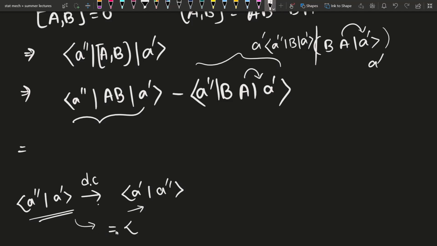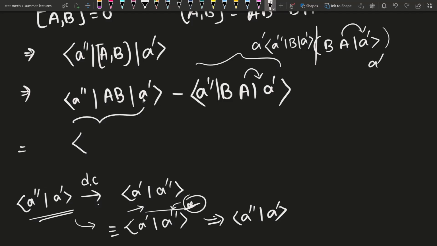I can express this as equal to this thing, because when we do this operation, it will give this thing. We all know this. And if we have an expression like this, then its dual correspondence will be like this.